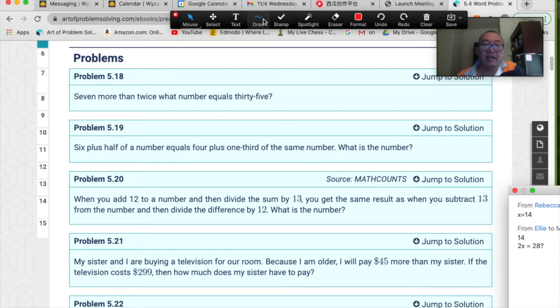Yeah, the equation you get is 7 plus 2 times x equals 35. So both sides minus 7, you get 2x equals 28. Then both sides divided by 2, you get x equals 14. So then they ask what is that number?